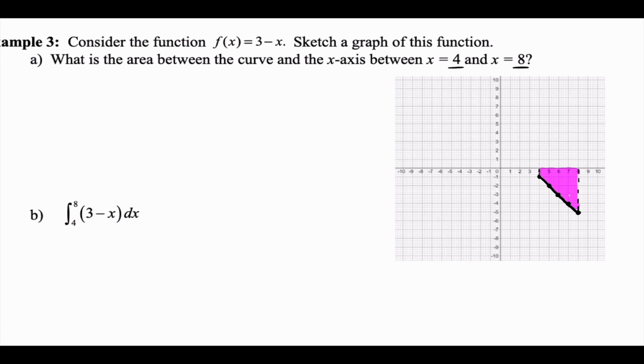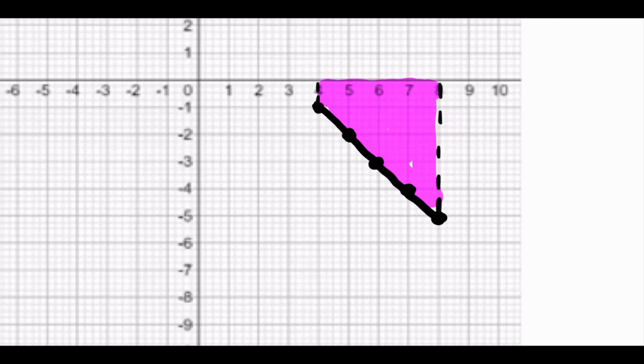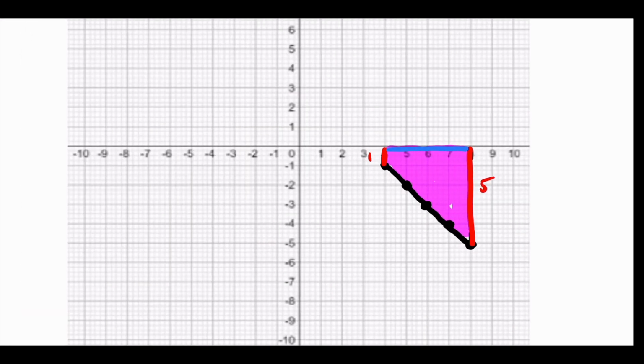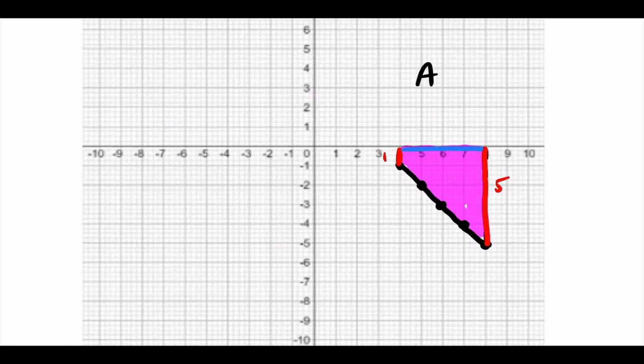Well, what shape does that look like? Looks like a trapezoid, right? You have base 1 and base 2, or the opposite, doesn't matter. And then you have the height. So we got 1 here. I got 5 here. So area of a trapezoid is base 1 plus base 2 divided by 2 times the height.